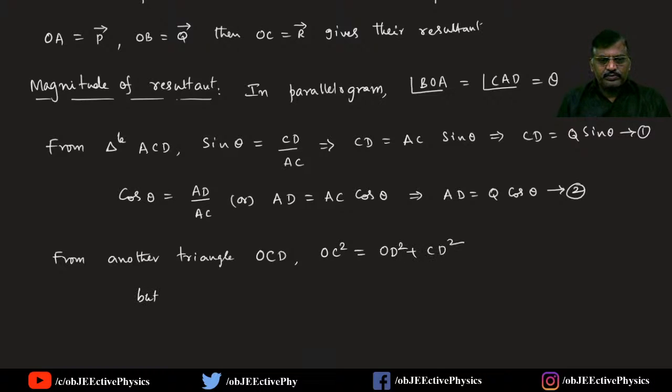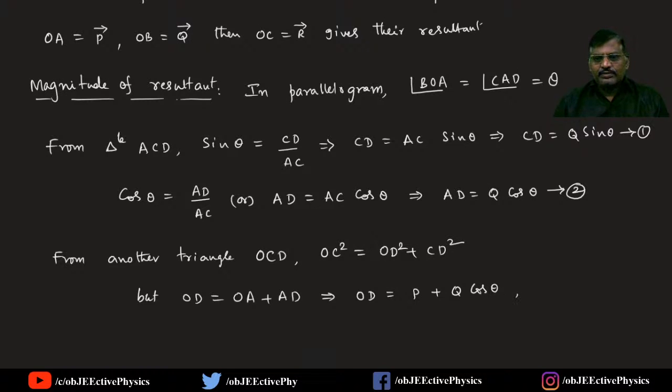But OD can be written as OA plus AD. That implies OD is equal to OA, which is P, the magnitude of P bar, plus AD, which is Q cos theta from equation 2.